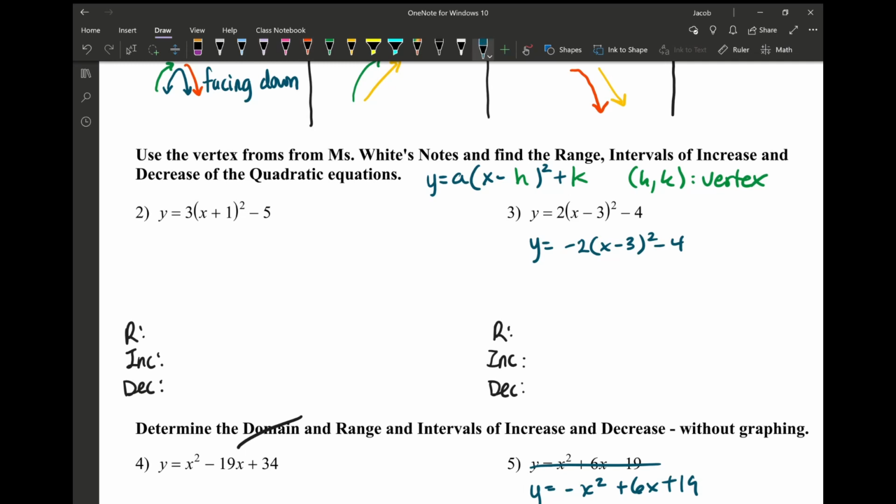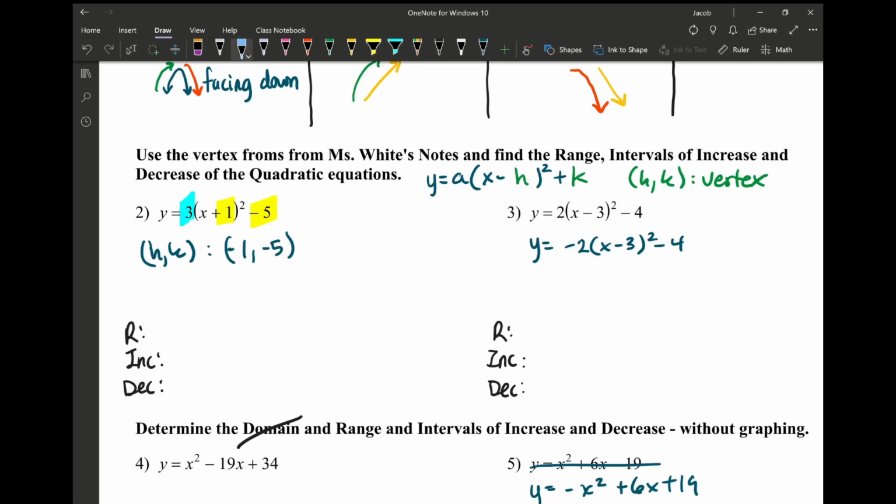So our vertex for number 2 here, H, K, is -1, -5. And I can see that because I know that that's H and that's K, -1 and -5. And then I also know that this graph is facing up.